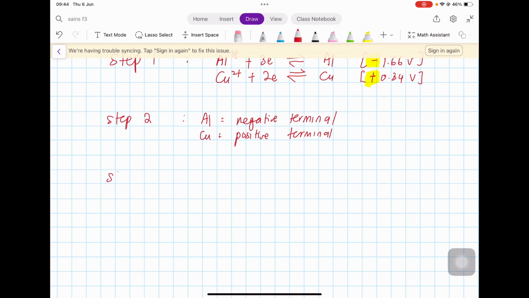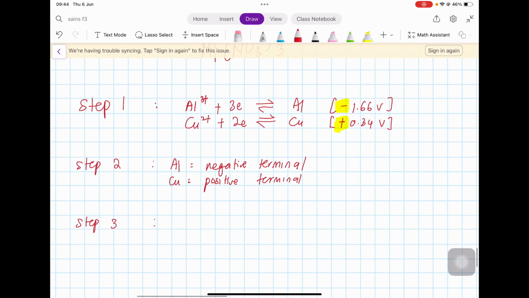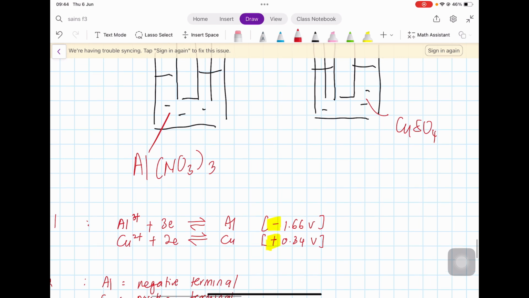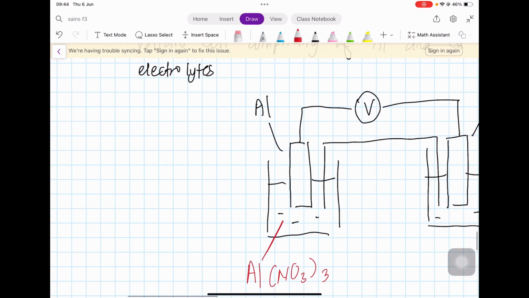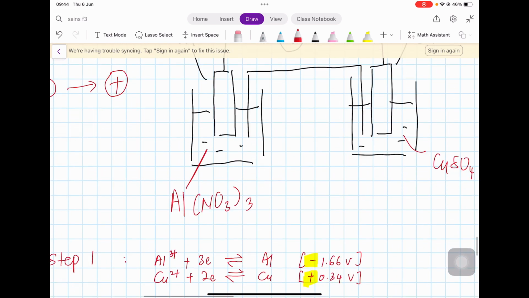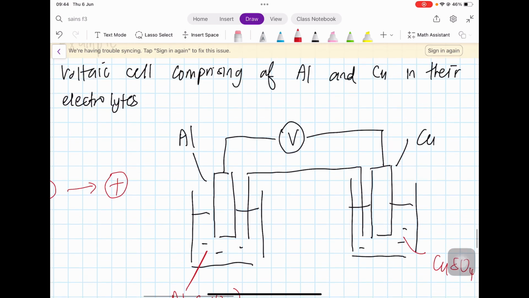Third step is to write your half equation. Step 3, half equation. And then we look at the direction of our electron. Remember, electrons move from negative to positive, betul? Now you are going to label first. Which one is negative? Just now, negative was aluminium. So now this is our negative, this is our positive.